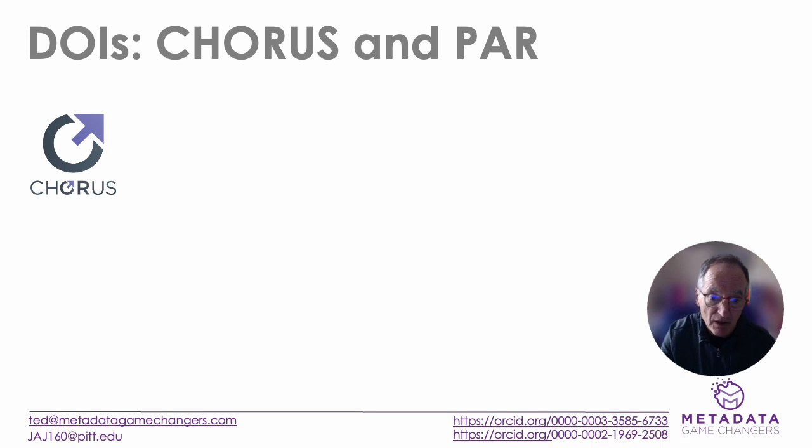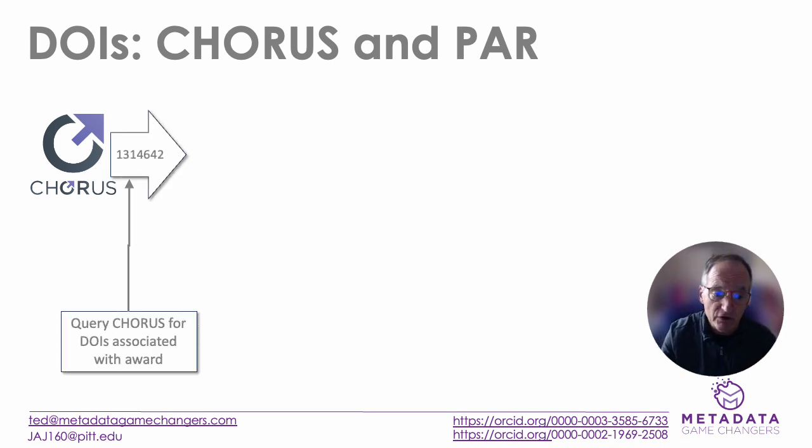Finding them in PAR is a little bit more difficult because there is no API, there's no easy way to get large amounts of data out of PAR. So we had to create a mechanism for getting that information. And so I'm describing the steps of what we did here.